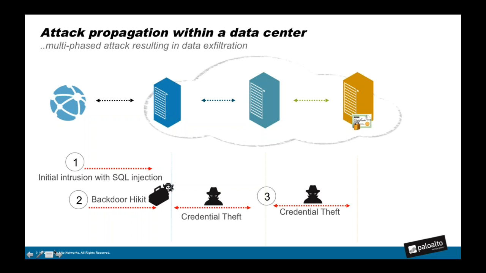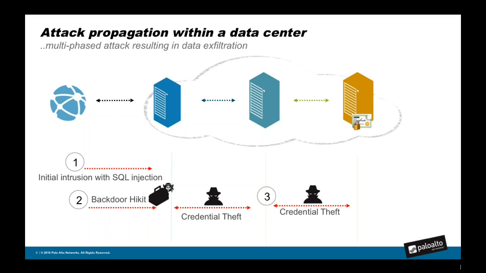Once they had that foothold and were able to do that reconnaissance, they then attempted credential thefts across multiple levels or multiple segments within the data center, and were able to move laterally until they zeroed in on their target servers, which carried the digital certificates being leveraged to do the whitelisting functionality for their customers.